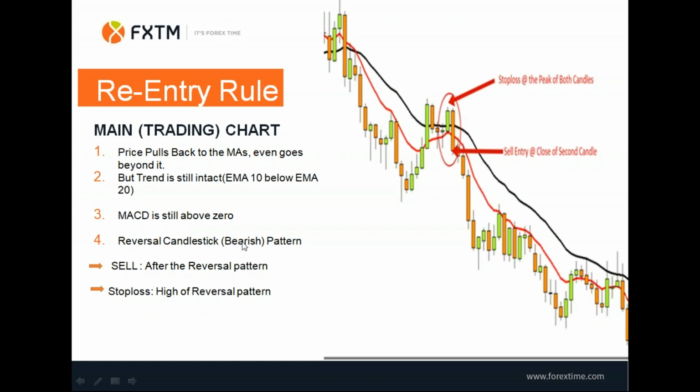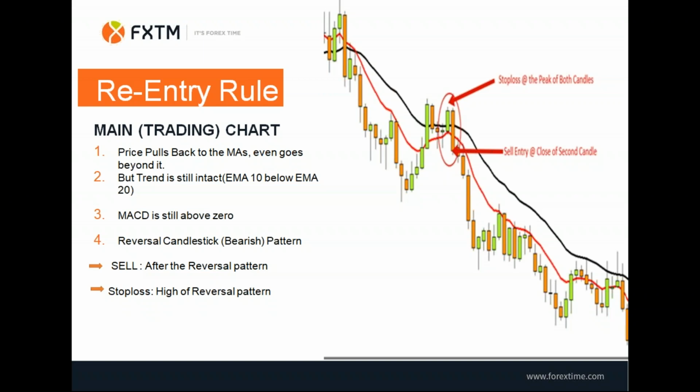We need a bearish pattern this time around. We need a bearish reversal. How does a bearish reversal look? We have two candles. The first is bullish, the second is bearish, and the bearish one shoots down longer such that its closing price is lower than the opening price of the first candle.